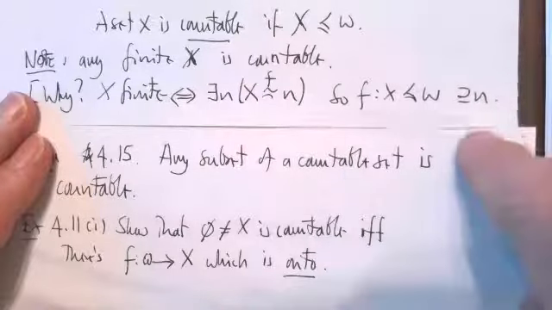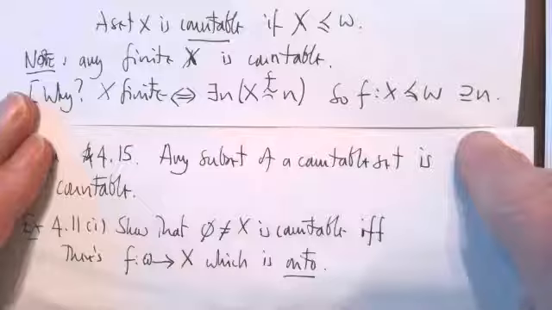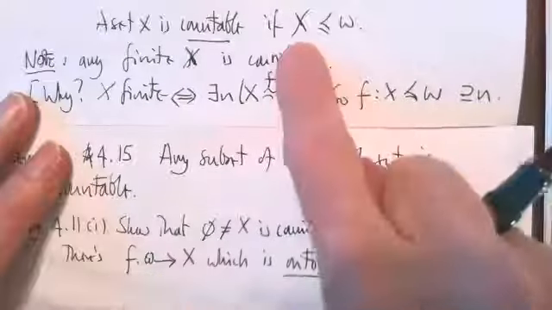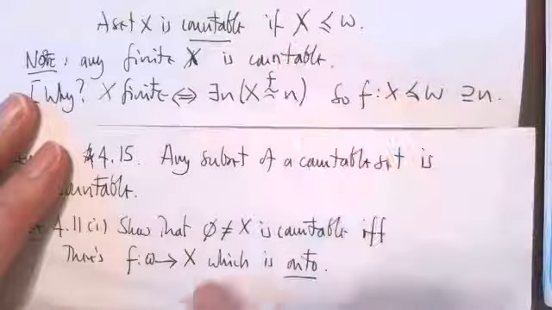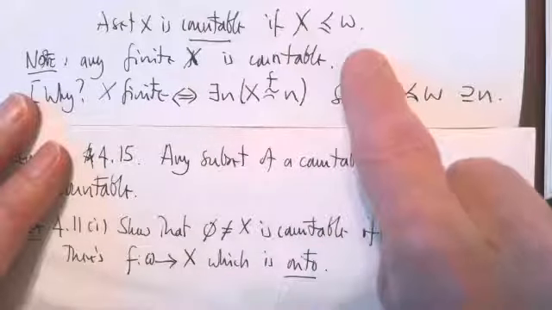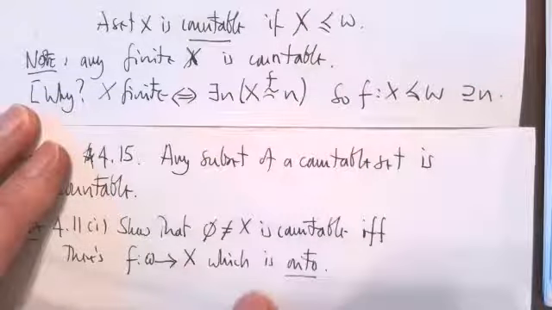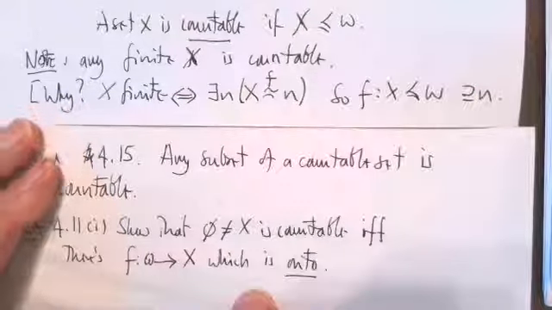You need to show that that's equivalent to saying there's a function from omega onto X. So an alternative way of saying X is countable is that there is an onto map from omega onto X, which is what we have here.